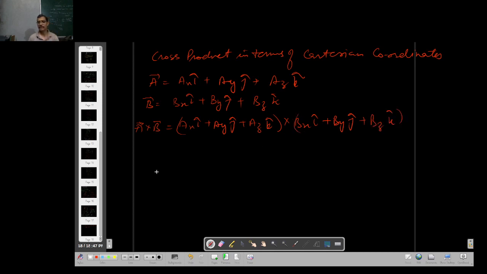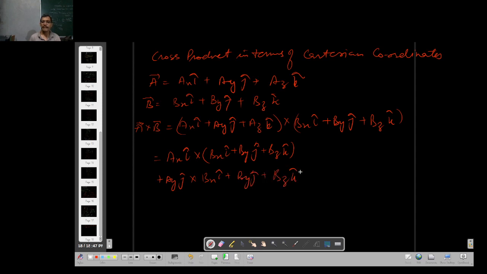Let me try to simplify it. It is ax i cap cross (bx i cap plus by j cap plus bz k cap), plus ay j cap cross (bx i cap, by j cap, bz k cap), and az k cap cross (bx i cap, by j cap, and bz k cap).